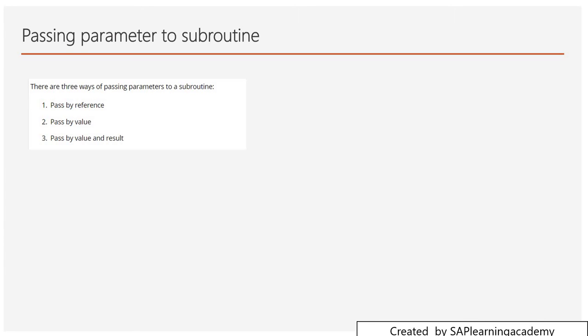If I give you a short description of these three: pass by reference means that when you are passing parameters to the subroutine, you are passing the pointer of the original memory location where the value is stored. But in the case of pass by value, only the value is passed to the subroutine. So that is the main concept.